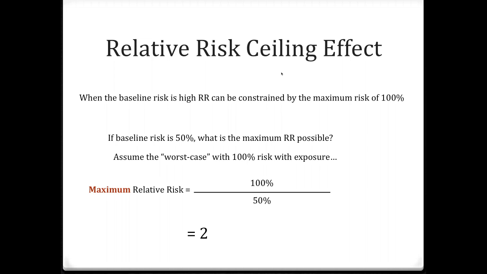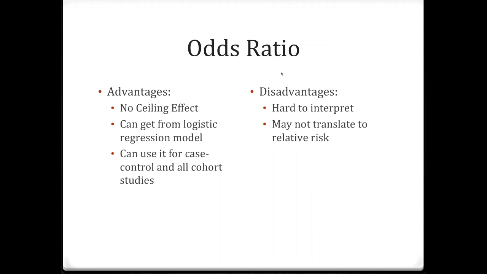In other words, even if the exposure triples the risk of the outcome, the relative risk would not be able to show the extent of that risk increase because it cannot get higher than 2. An odds ratio has some significant advantage.